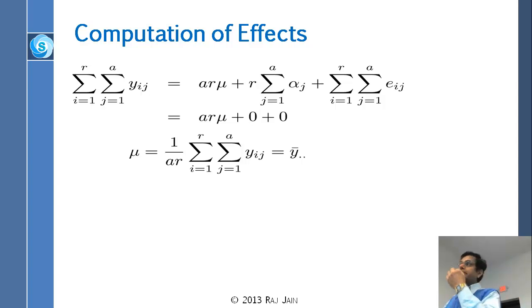Now here is the notation. Whenever we add some things and take a mean, the mean is indicated by the bar. Bar means mean. But the mean can be taken along many dimensions: along the replication dimension or along the level dimension. If it is along both dimensions, it is dot dot.